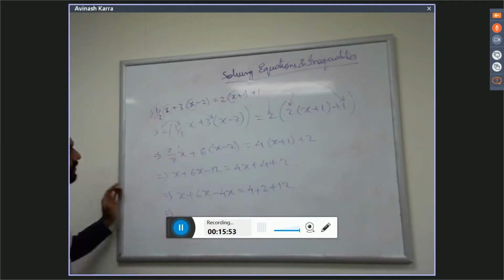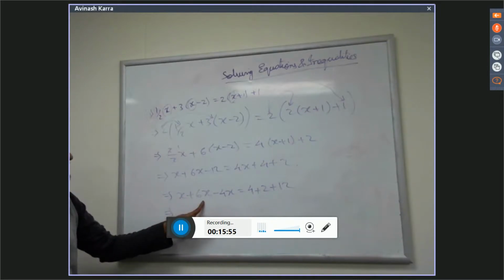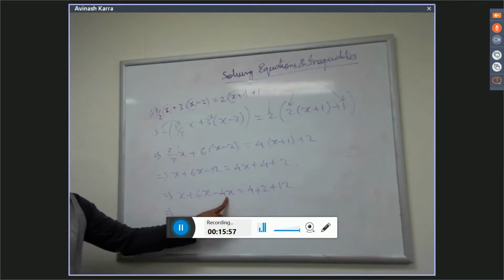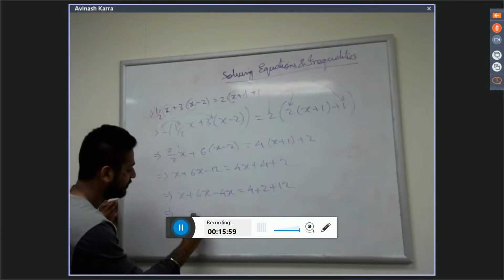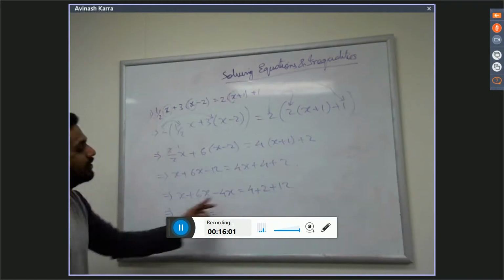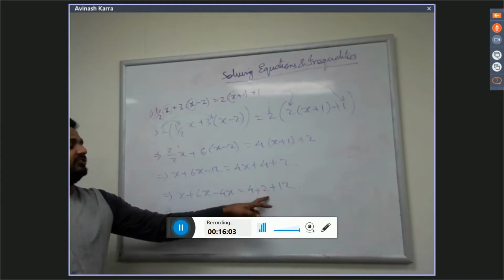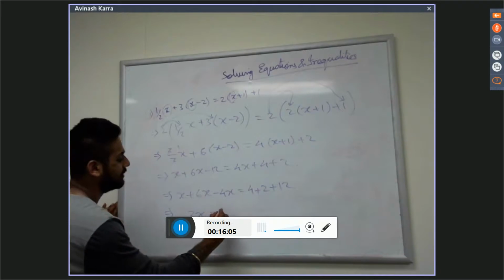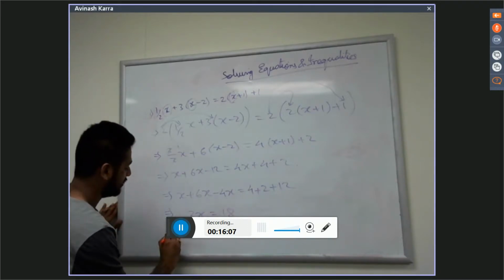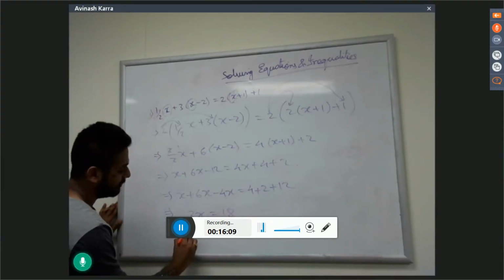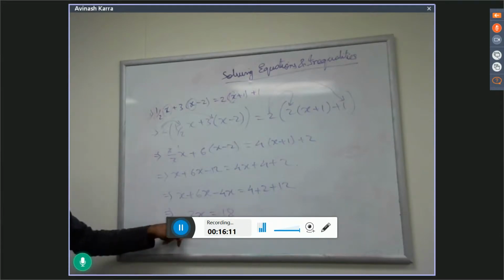Now it's easy. x plus 6x, 7x. 7x minus 4x, 3x, is equal to 4 plus 2, 6, 6 plus 12, 18. What is 3 doing on the LHS? It's multiplying with x.